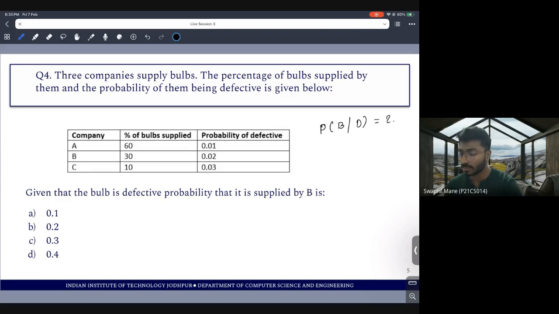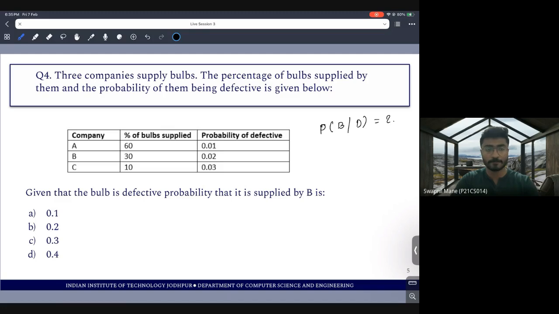Let me read the question. The three companies supply bulbs. The percentage of bulbs supplied by them and the probability of them being defective is given below.